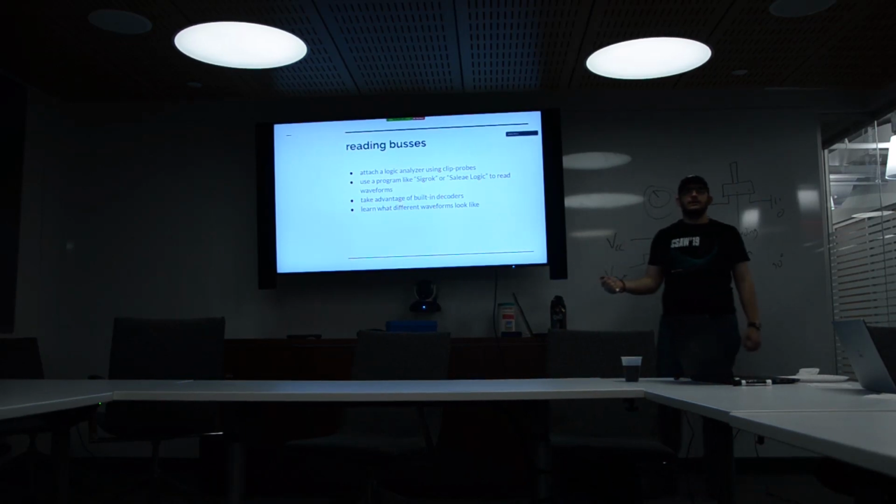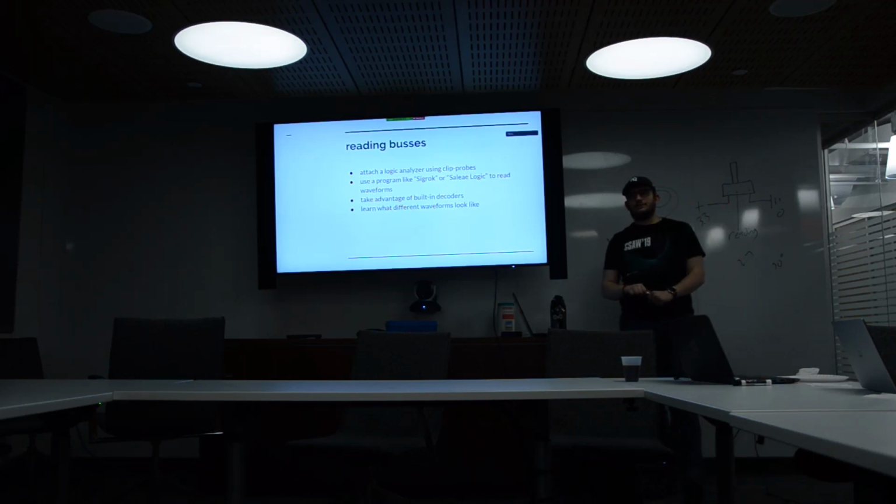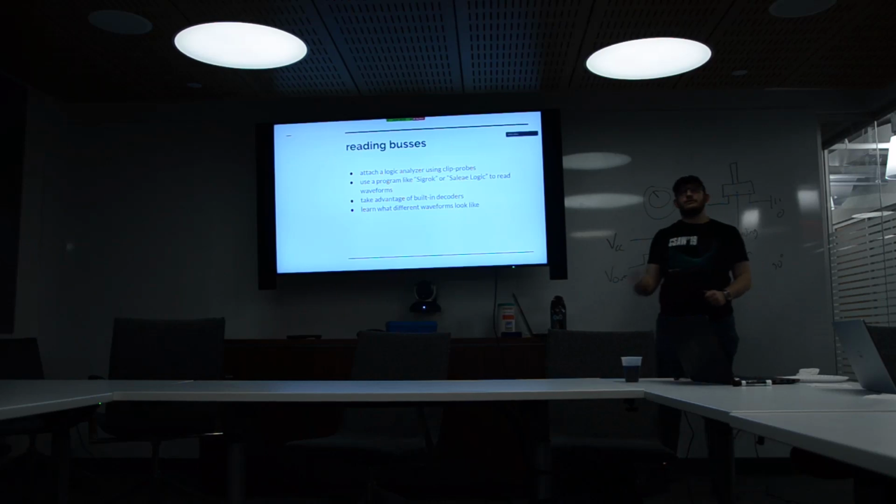A nice shortcut to doing all of that is to just figure out what different waveforms tend to look like. After some experience, after a while of looking at these things, I2C is very distinctly clear versus SPI versus UART versus JTAG. You start recognizing them over time, and that saves you a lot of time in actually doing your hacking.